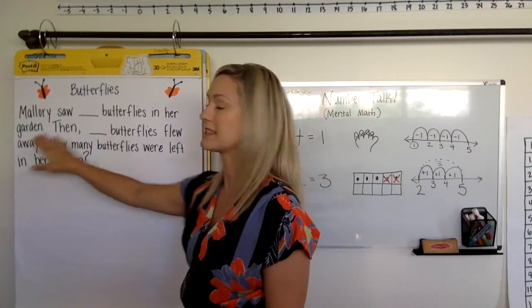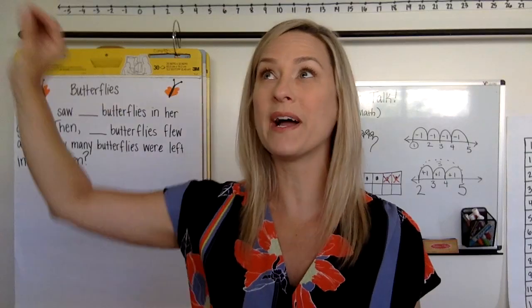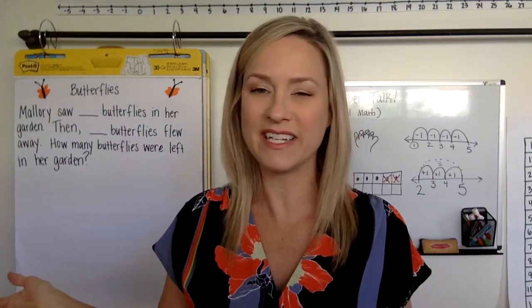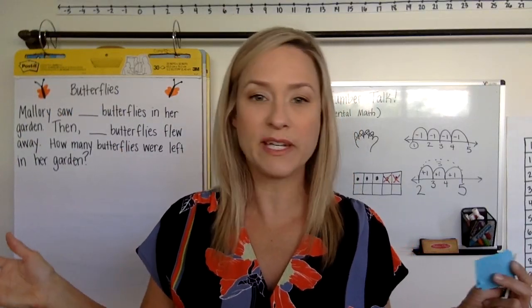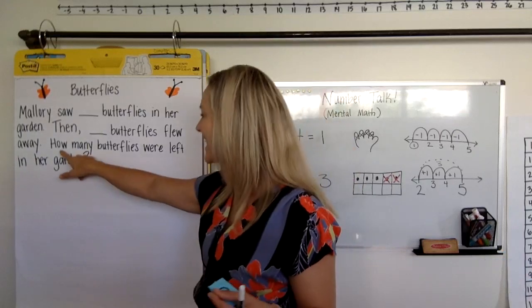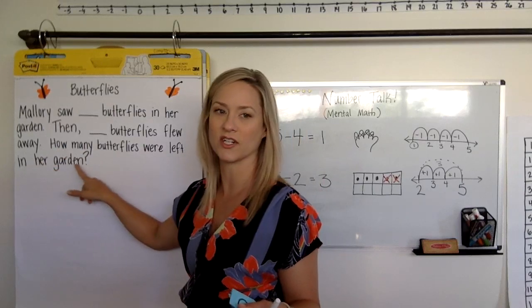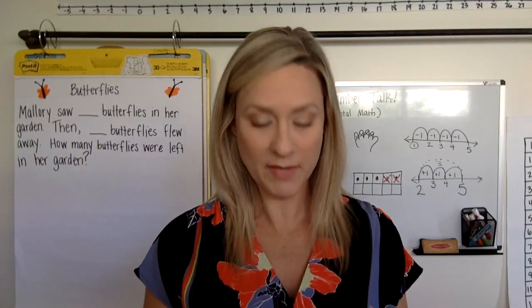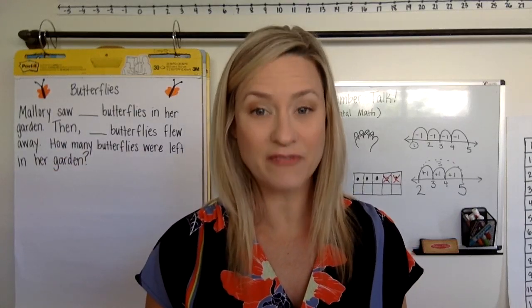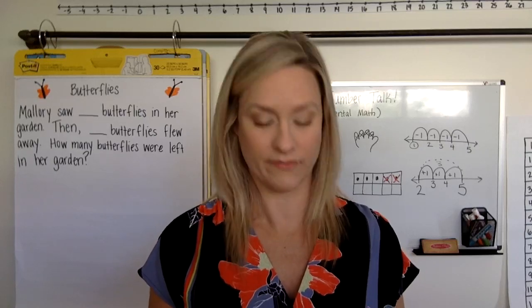We know for sure that some butterflies are going to fly away. Yeah, they're going off to find nectar in other milkweed patches. All right, and then we want to know how many butterflies were left in her garden. So we want to know how many butterflies were still there after some of the butterflies flew away.